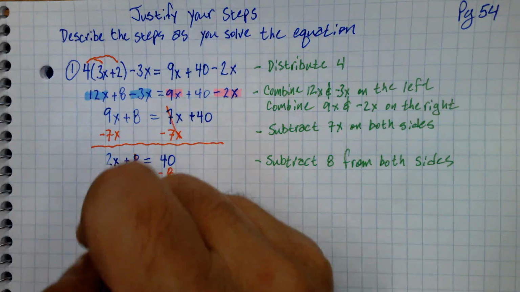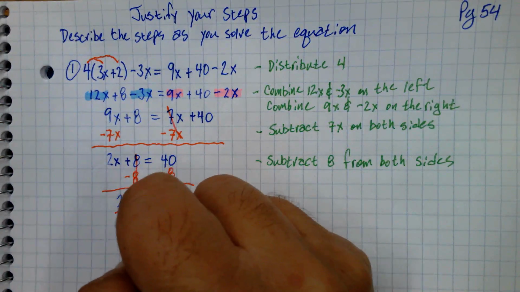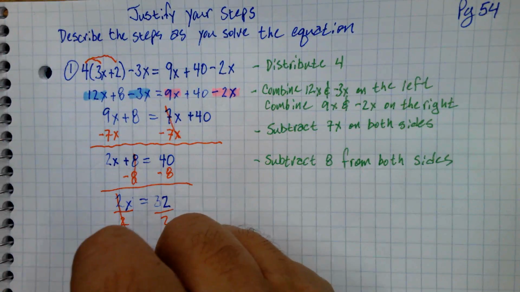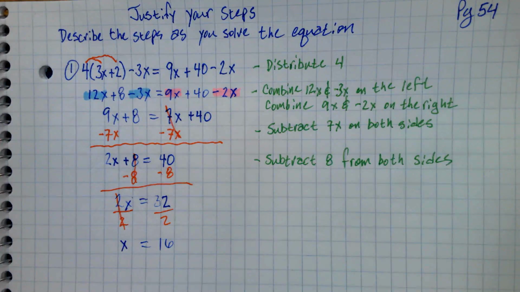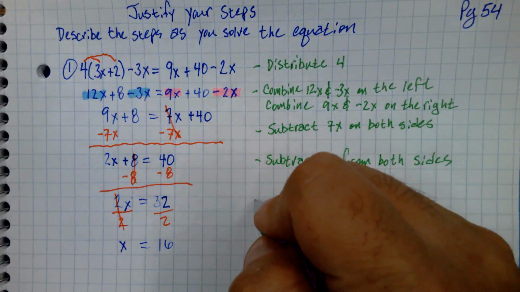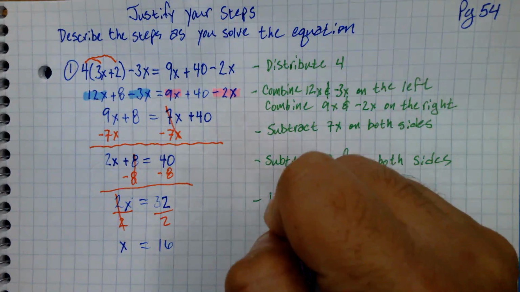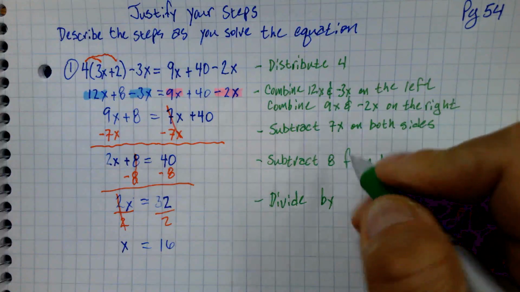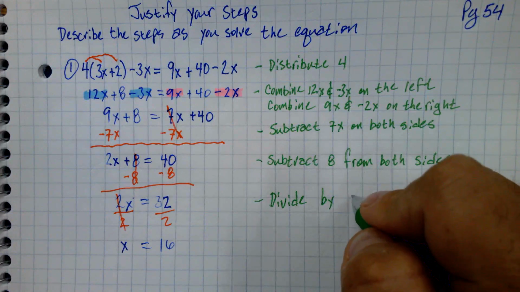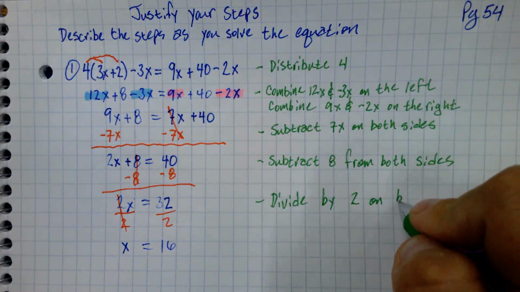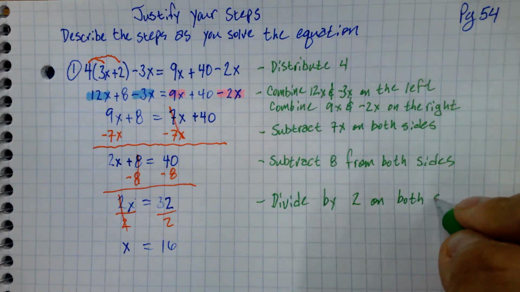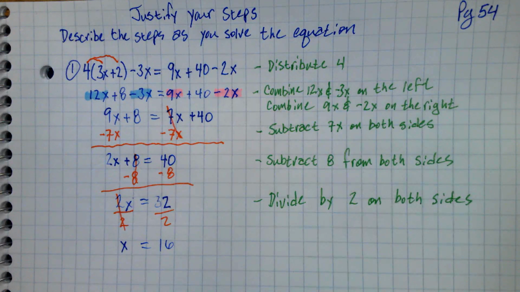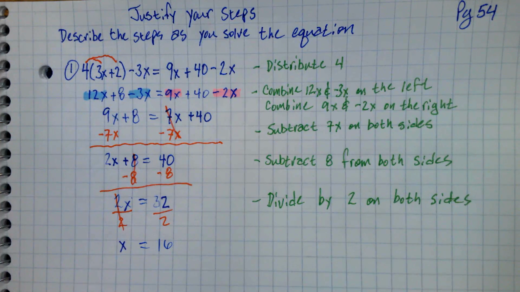And so we get 16. We still have to justify that step. Divide by 2 on both sides. Okay. That wasn't too bad, right?